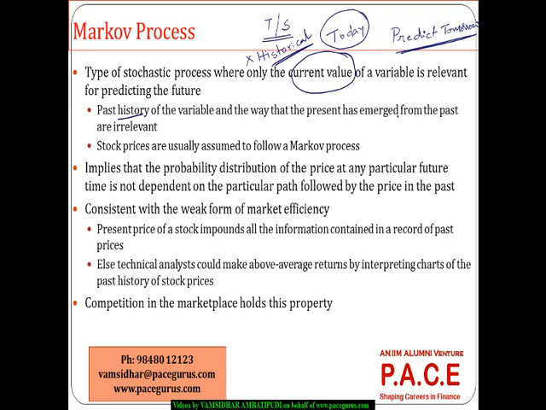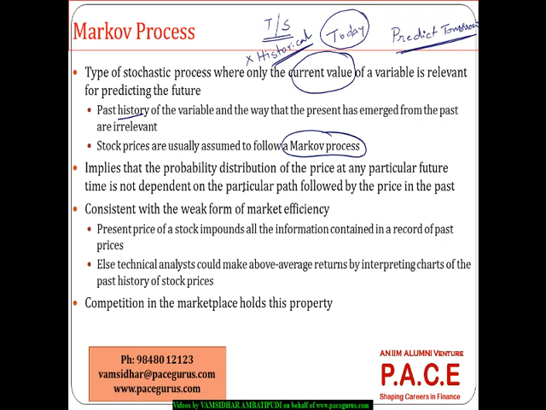So if I have to predict the stock price, if I am just taking the current price as a base, not the past prices and the way the past prices have emerged, then we are calling those kind of processes having Markov property. And for all modeling purposes, the stock prices are generally assumed to follow a Markov process.